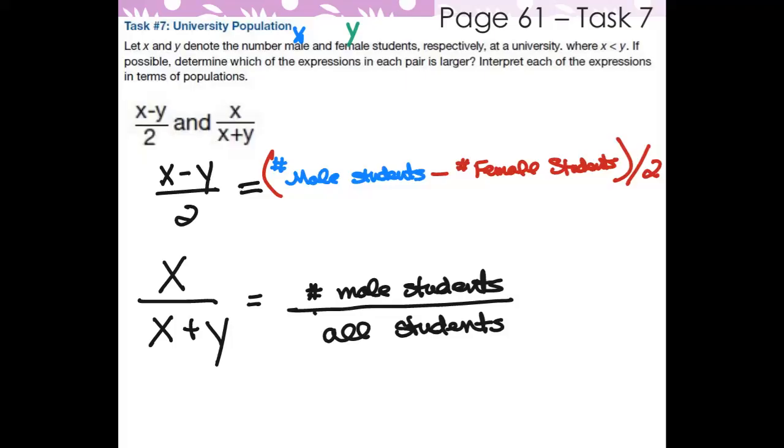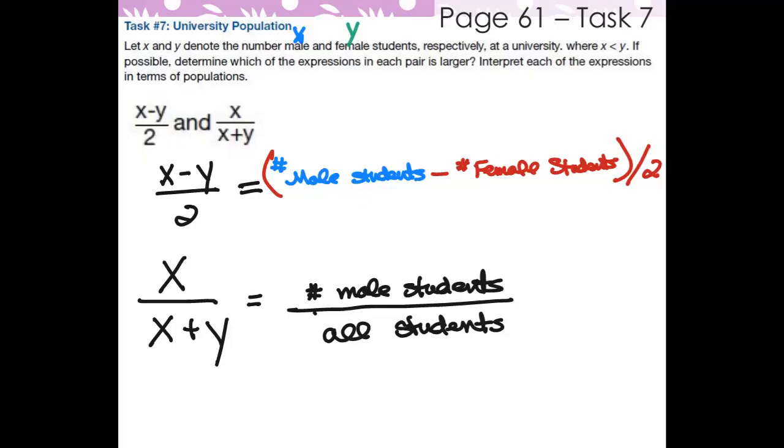And what do we know about male students and the female students in general? There's more females. So when I say male students minus the female students, what is that going to be in the numerator?